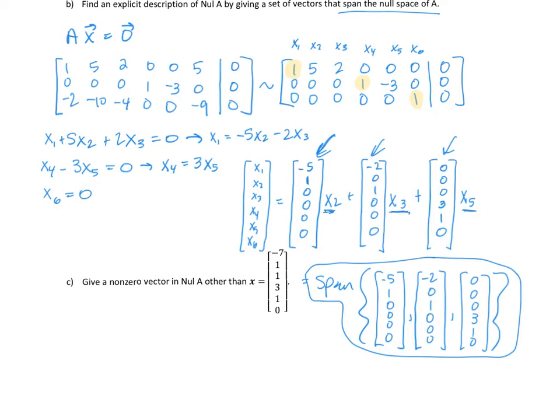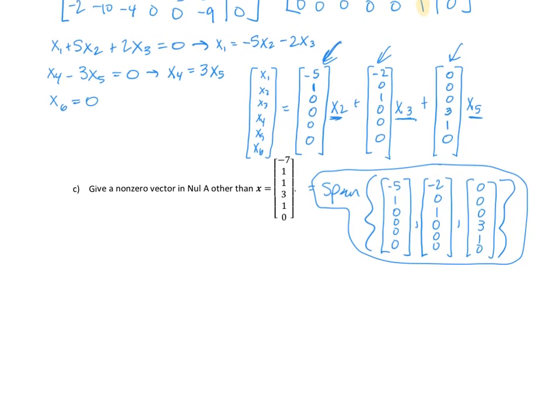Choose those weights, put them on the 3 vectors, and you'll get a vector in null A. So let's just choose, well, the easiest one would be 0, 0, 0, right? So I could say -5, 1, 0, 0, 0, 0 times 0 plus -2, 0, 1, 0, 0, 0.